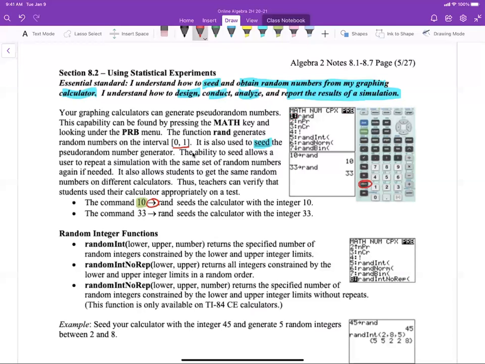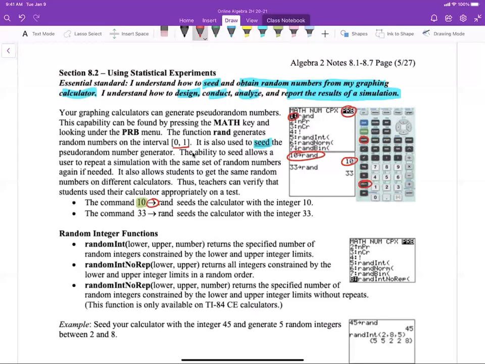So it's right there. And then we will go to our math, go to probability, and go to RAND. So you'll go to math, cursor over to probability, make sure you hit 1. You should see something like this and hit enter. And you will see that 10 was entered.